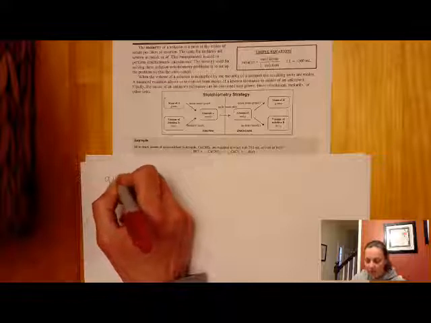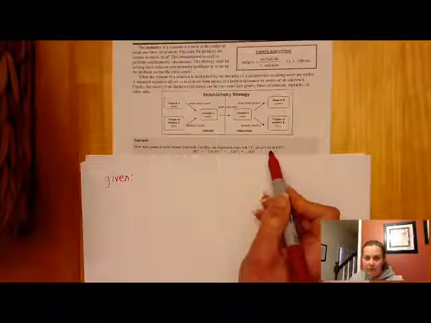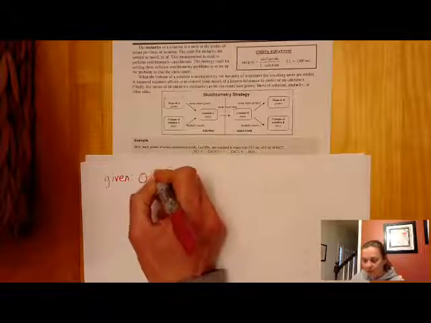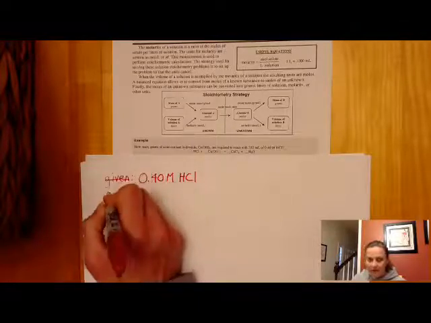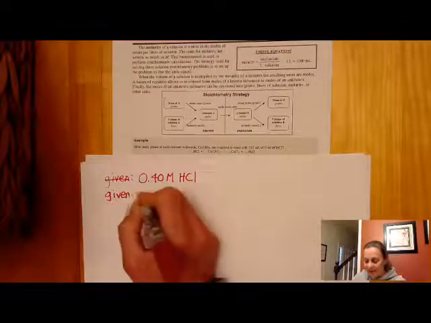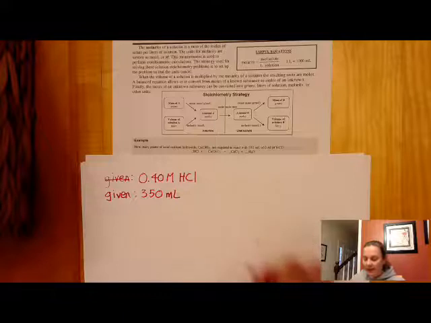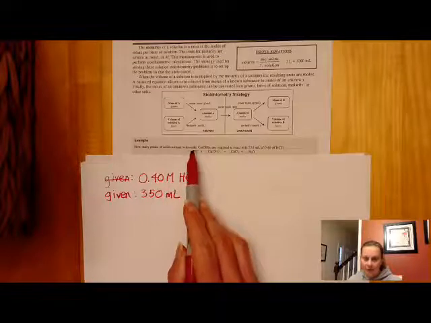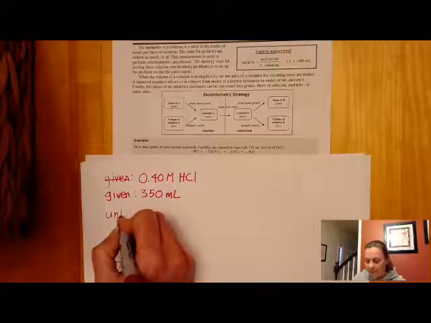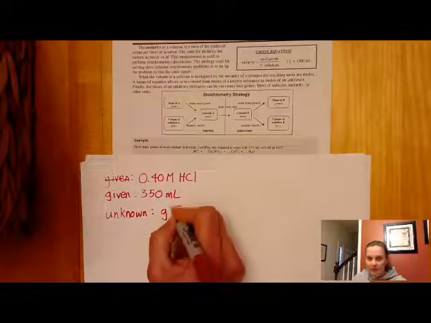Our given is going to be, in this case, the 0.40 molar HCl, oops, that's not our given, that's our conversion factor. Our given, let's try this again, is our 350 milliliters. And the unknown, the thing we're being asked to find, is grams of solid calcium hydroxide.